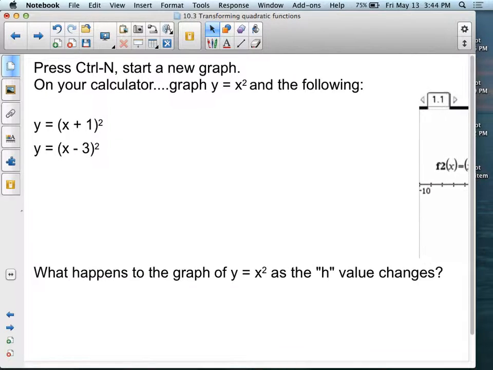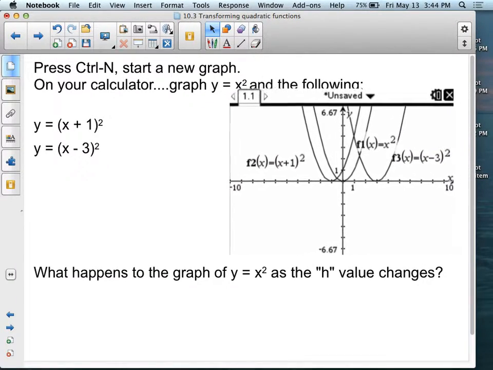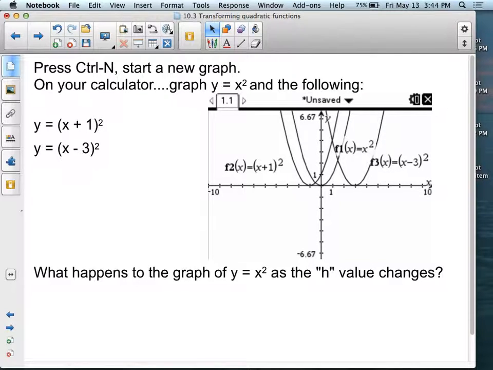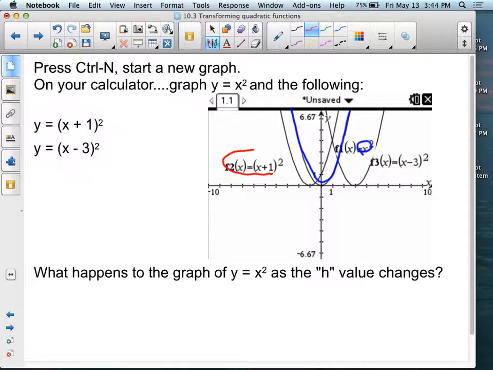So let's see what those graphs look like. Again, our graph y equals x squared. That's our blue one. Then the graph of y equals the square of x plus 1, this one right here.